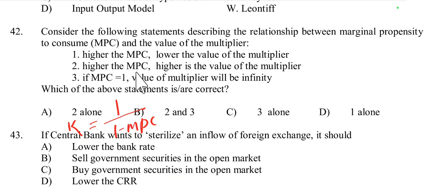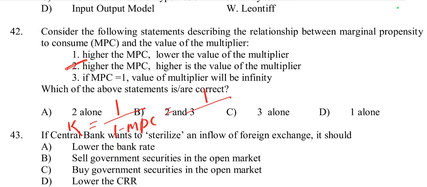The second one is higher the MPC, higher is the value of the multiplier. Yes, because the multiplier is 1/(1 - MPC). Then, if MPC is equal to 1, the value of the multiplier will be infinite.